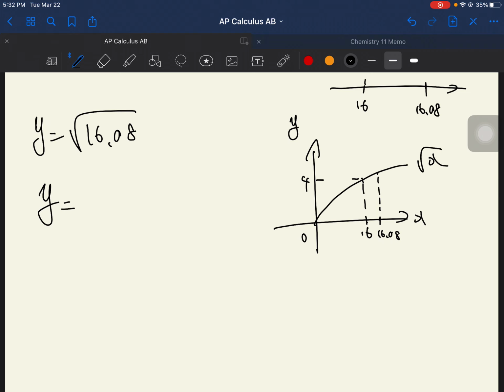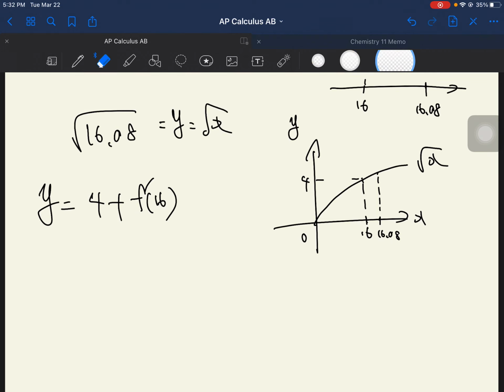So let me put this one as y equals 4 plus the slope. Let me find the slope here. y prime of 16. And let me put y equals square root of x. Then y prime is 1 over 2 square root of x.